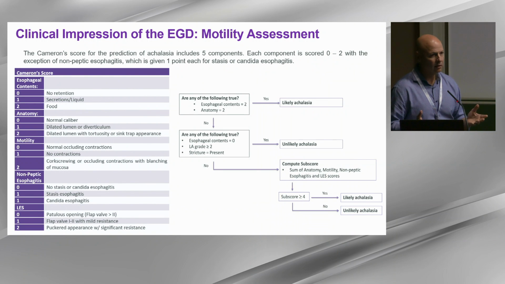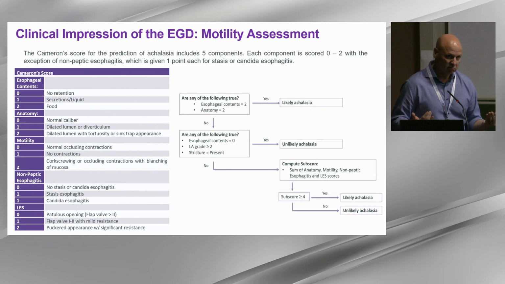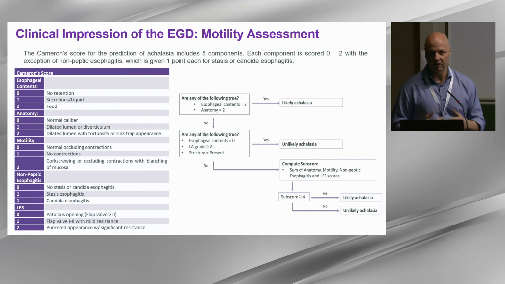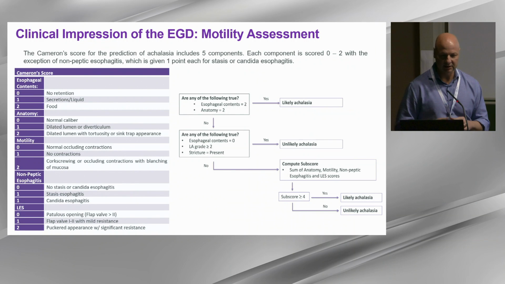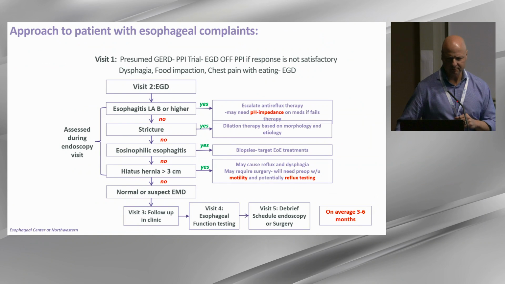Not perfect, but at least it gives you a pre-test probability, which in many cases could be very confident. If they had a significant dilatation, contents, and resistance at the EGJ, this person had achalasia or an esophageal motility disorder. Similarly, you could see if someone was truly normal and had a patulous EGJ and had a very low likelihood of having achalasia.